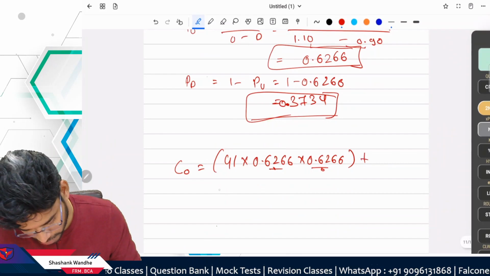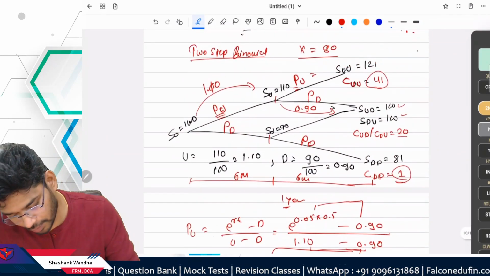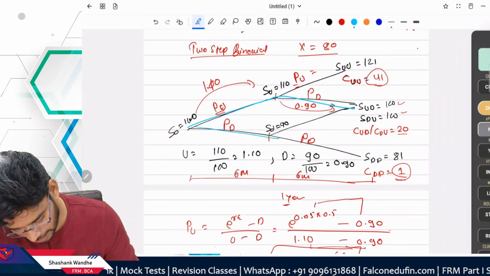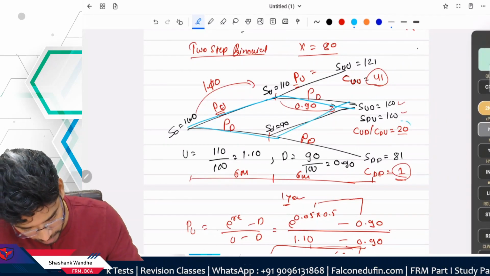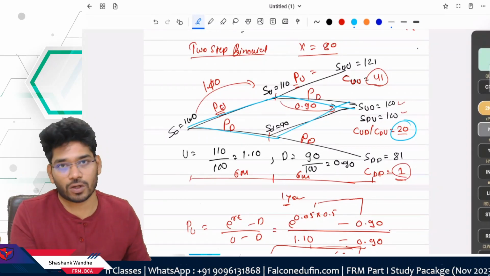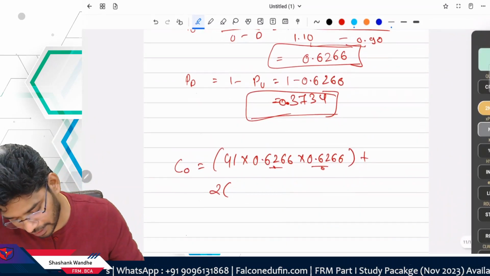Then plus 2 into, why 2 into? Because here we have the same value from two paths. This particular value CUD and CDU is the same, and the probabilities are also the same, so we can simply multiply it with 2.